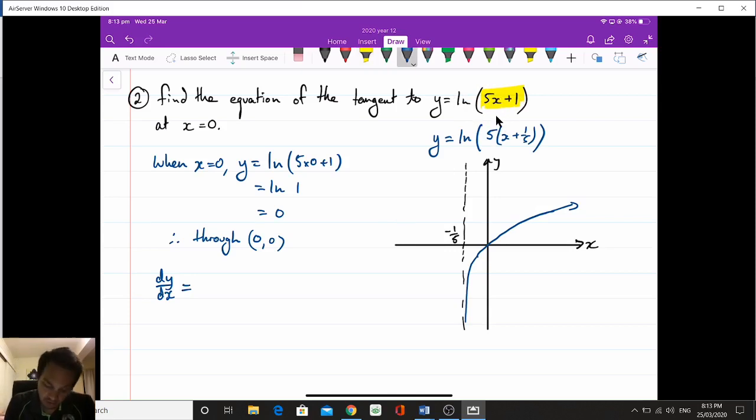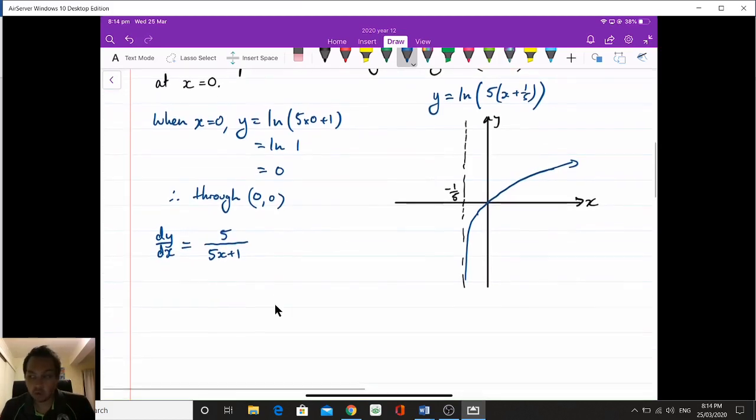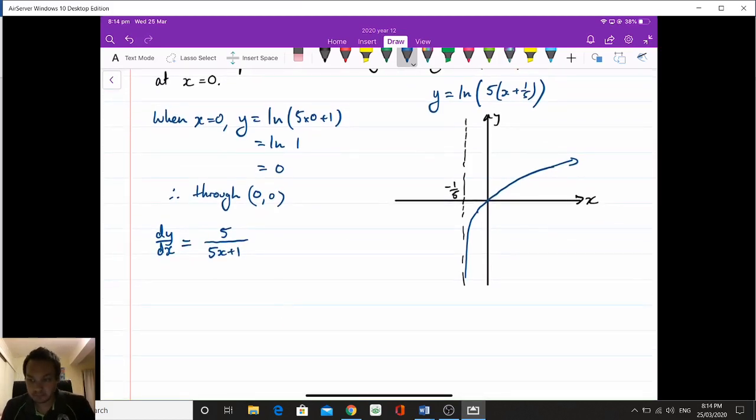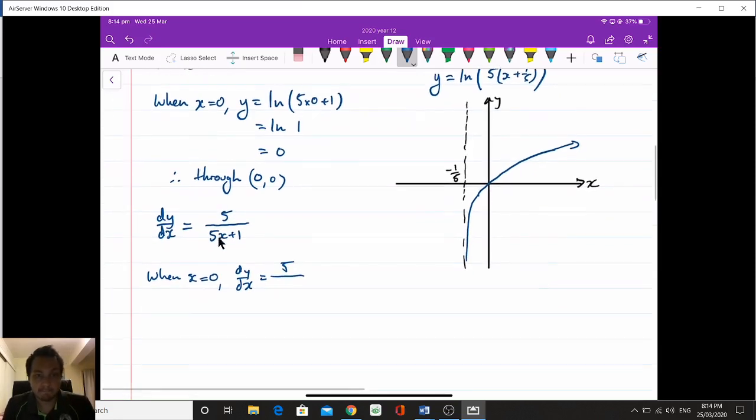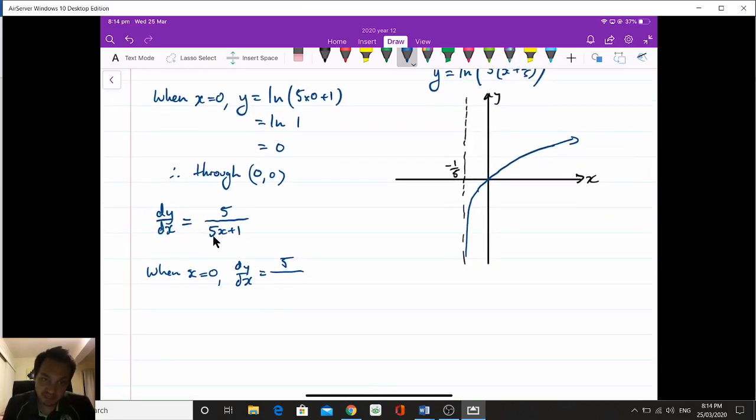So I'll put the over f of x first, and the derivative of this will go at the top, which is just 5. Okay, so this is our dy dx, and therefore when x is equal to 0, we can find dy dx, which is equal to 5 over 5 times 0 plus 1.